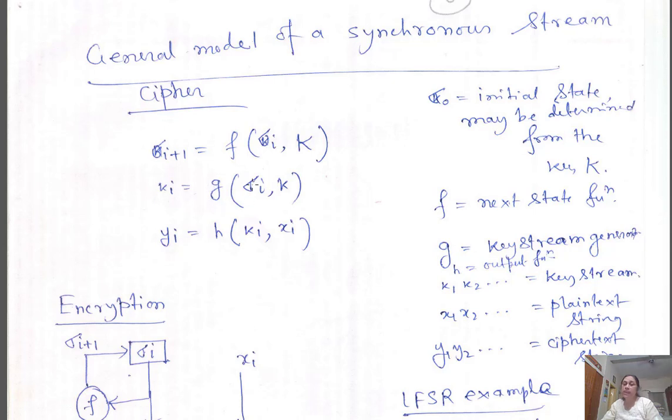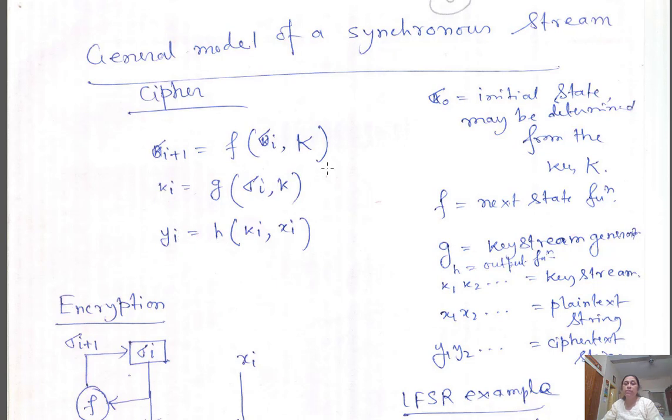It takes the current state and the key and generates the ith key stream digit. And how do I generate the output? Output means your ciphertext. This H produces the ciphertext. It takes the ith key stream digit and the ith digit of the plain text string, and produces the ith ciphertext Yi.